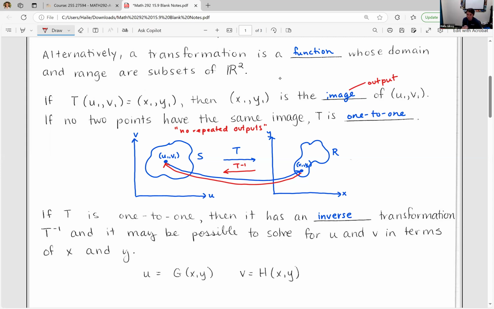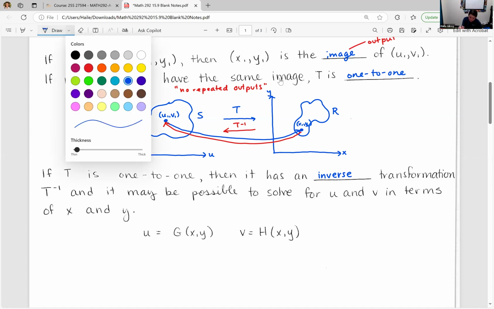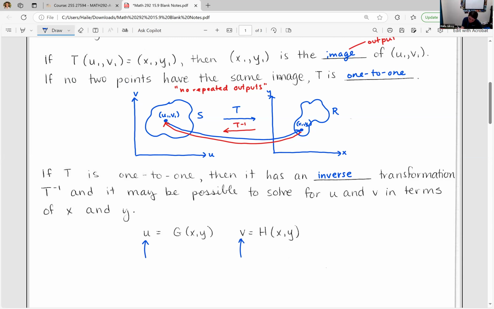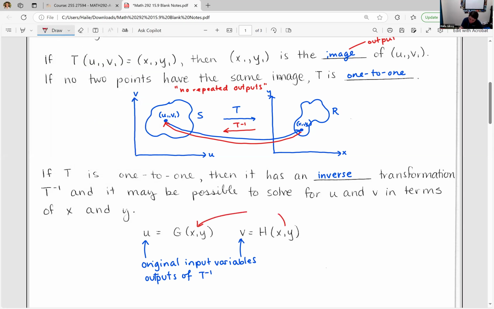Okay, and so the way you would write T inverse is you're trying to solve for those original input variables, U and V, in terms of X and Y. So these are original input variables, but outputs of T inverse, and X and Y are the original outputs, but now that we're dealing with T inverse, these are the inputs of T inverse.